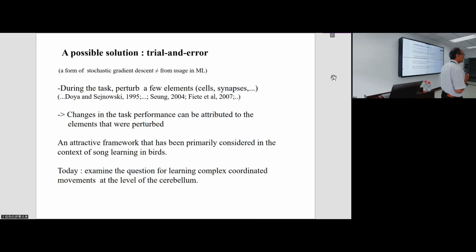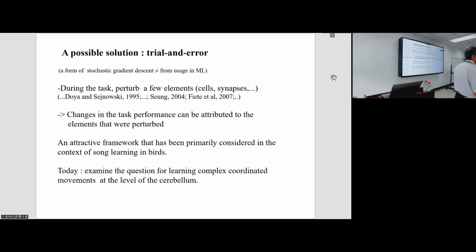In machine learning, stochastic gradient descent means that you have only a finite batch of examples and you go batch by batch. Here, what I mean is just that you perturb one unit, or maybe several units, stochastically, and then you look at the performance of the task.